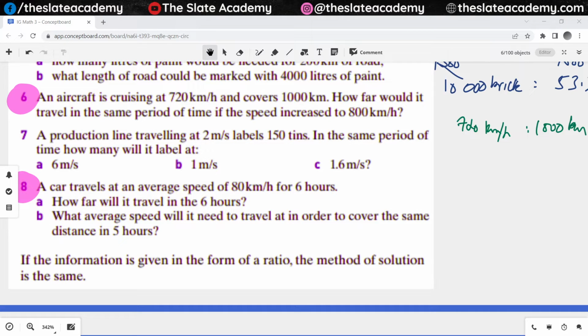So what I'll rather do is first calculate if it were going at 1 kilometer per hour. In order to do that, I'll divide both sides with 720, because already it is 720 kilometers per hour, the speed with which it is already moving.